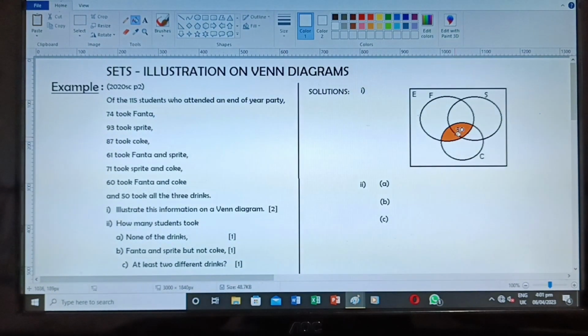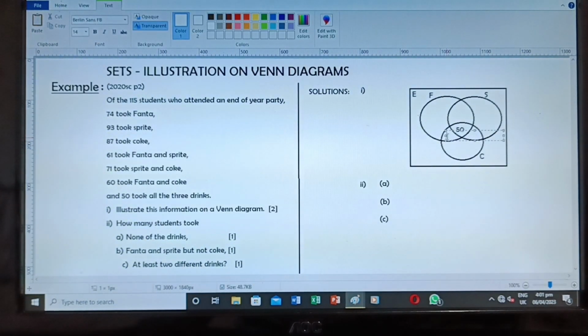And of the 60, 50 is already here. So the remainder from 60 after 50 will be put here. So let's put our 10 here. That's a 10 there.